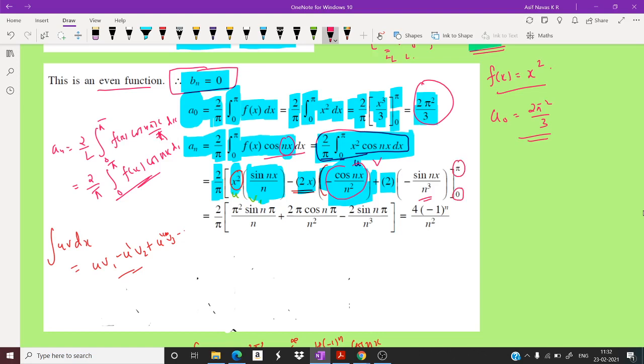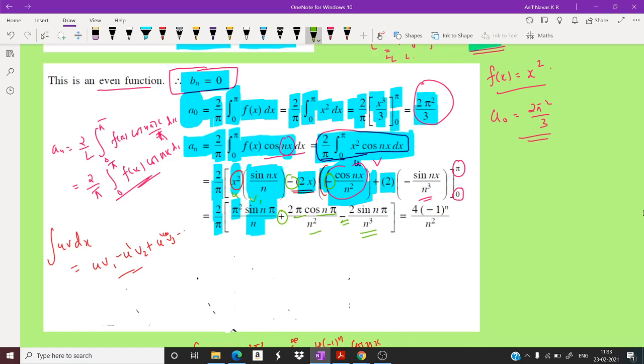Now I am applying a limit. If you apply the limit, you will get 2 by pi. If I put pi, pi square sin n pi by n, plus, minus and minus, here there is a minus sign and this minus, plus 2 pi cos n pi by n square minus 2 sin n pi by n cube.